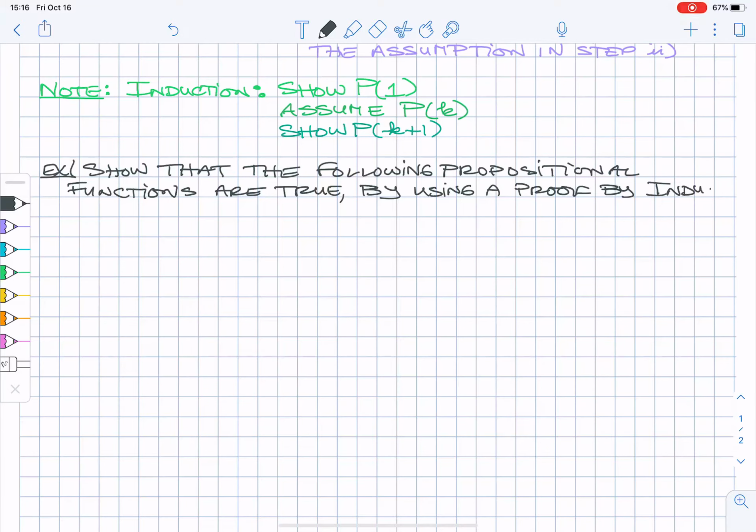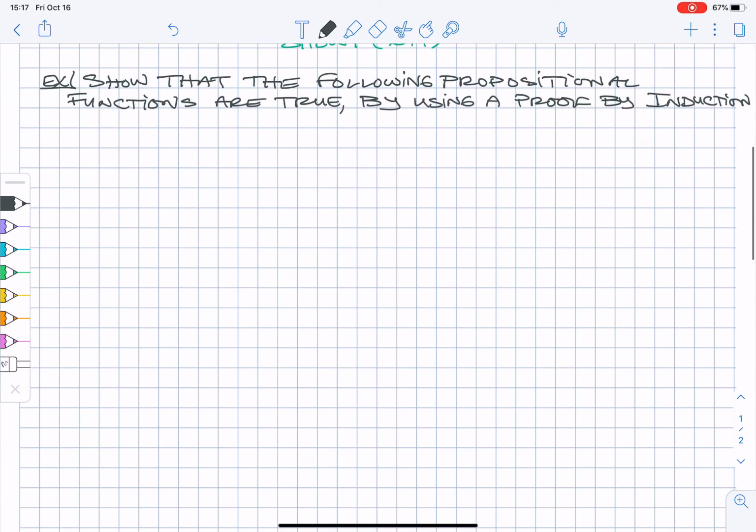So we don't need to say the principle of mathematical induction. It is assumed. Okay, so number 1. Now, what do I mean by propositional function? So look at this. 1 plus 2 plus 3 plus ... plus n is equal to 1/2 n times n plus 1.